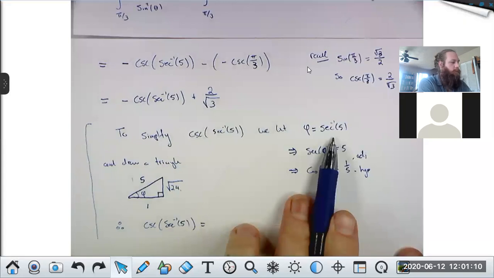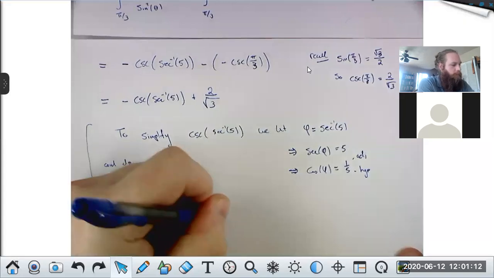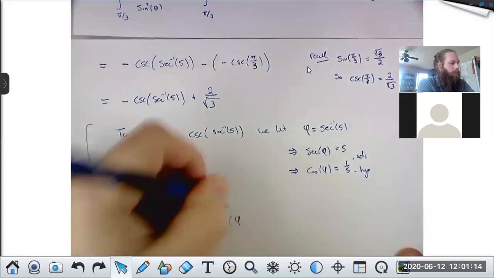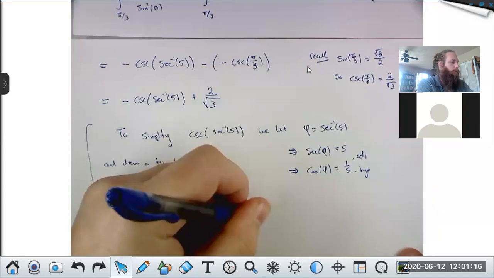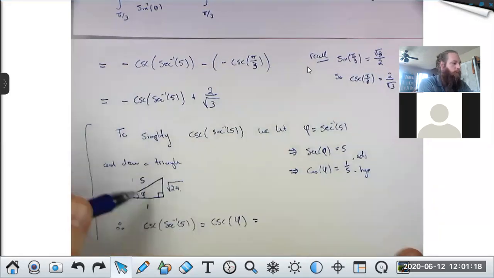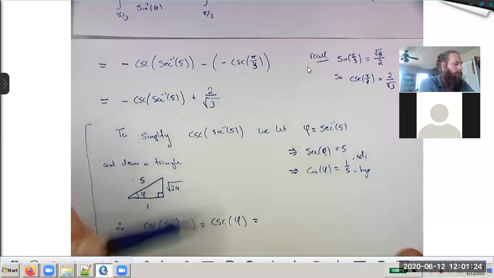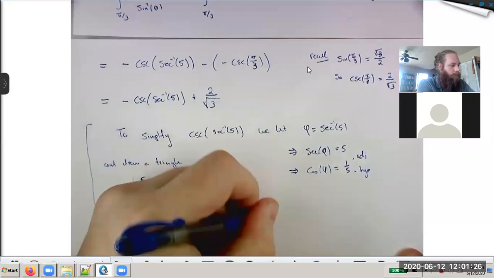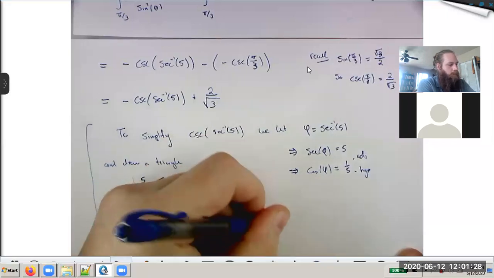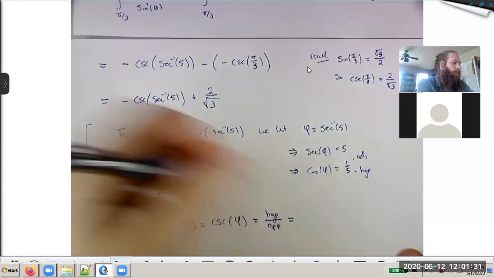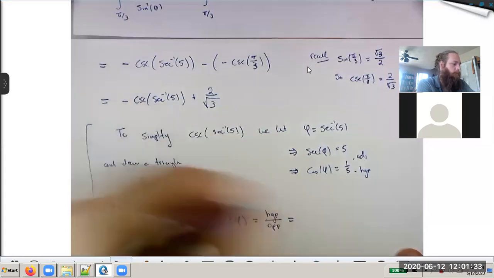So that's just the cosecant of phi, which I can now read off of my completed triangle. Cosecant is the reciprocal of sine. That's the hypotenuse over the opposite. Which is 5 over the square root of 24.